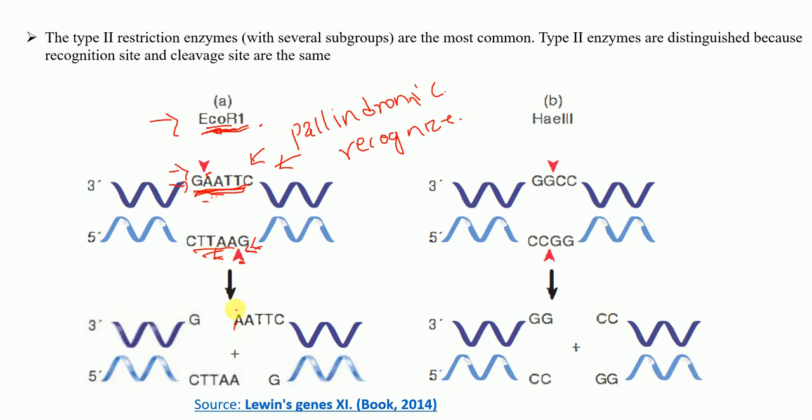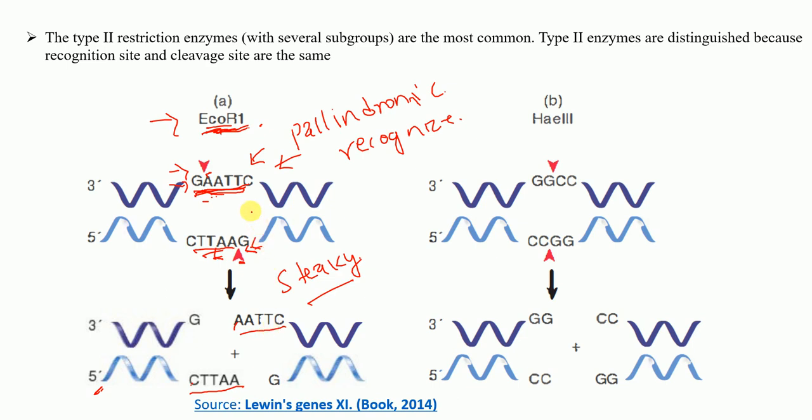This kind of restriction digestion, or cleavage, leads to 5' and 3' overhangs. You can see here the 5' overhang and here the 3' overhang. This is called a staggered cut, and it generates sticky ends.